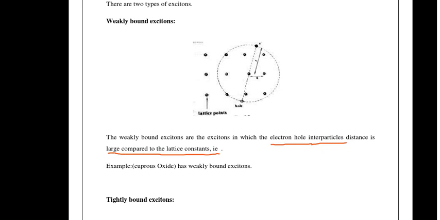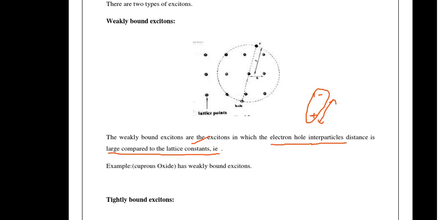They are weakly bound. For example, a positive hole and electron: this distance is large when compared to the lattice constant.